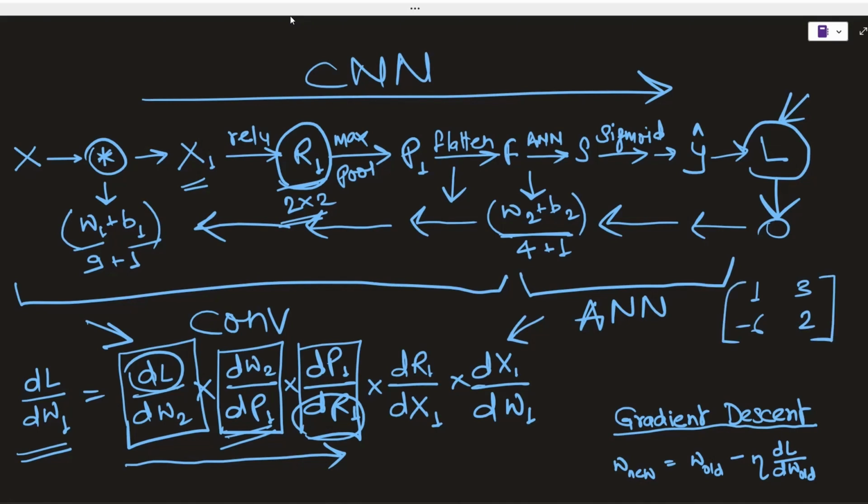So basically over here what you are trying to do is calculate dr1 by dx1, which means the derivative of all the values within this particular matrix, right? So you will try to calculate it with respect to dw1 because we are checking for w1.